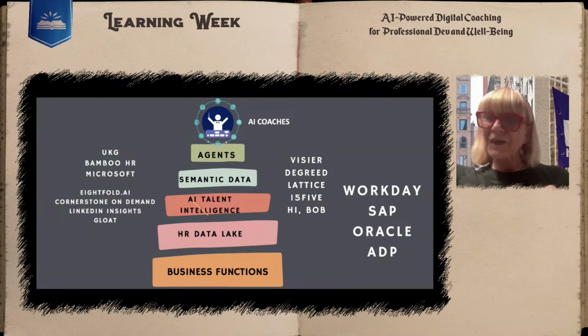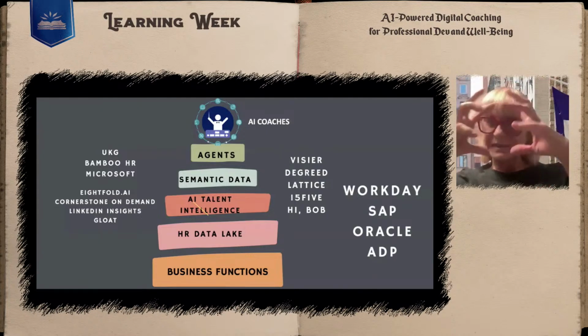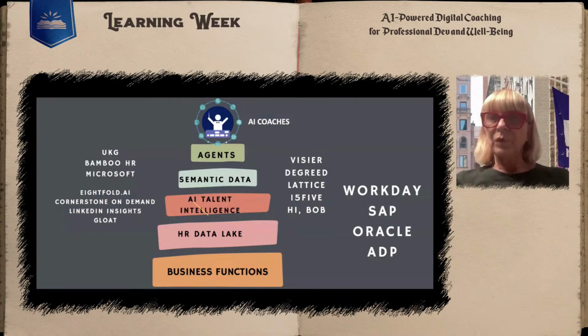And on the very top of this pyramid, I put AI coaches who are going to be your personal assistants, who are going to be not only helping you navigate the complexity of all the data, of all the information available to you through your organization, but they're also going to be giving you advice, options, feedback.